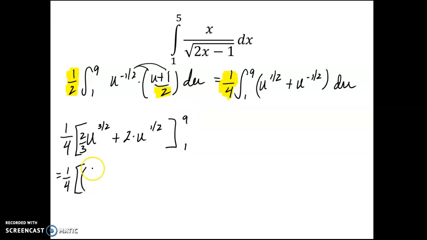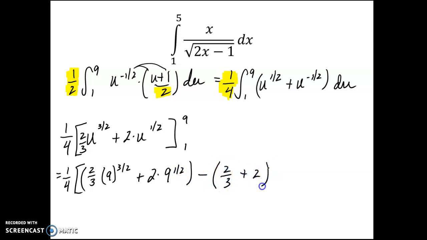So first I've got to plug in 9. So I have 2/3 times 9 to the 3/2 plus 2 times 9 to the 1/2, minus my answer when I plug in 1. 1 to any power is 1, so I'm not even going to mess with those exponents. So 1/4.